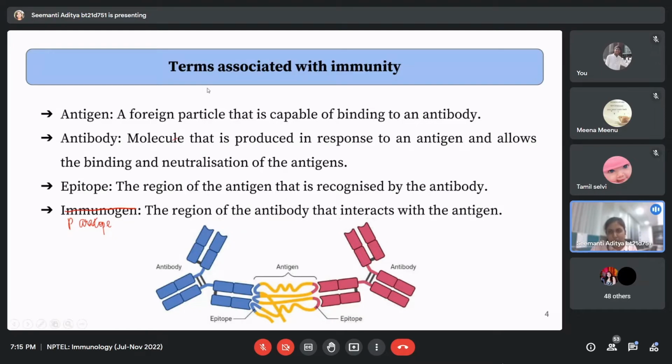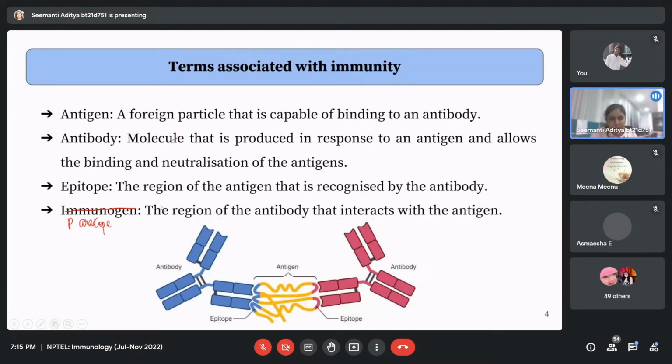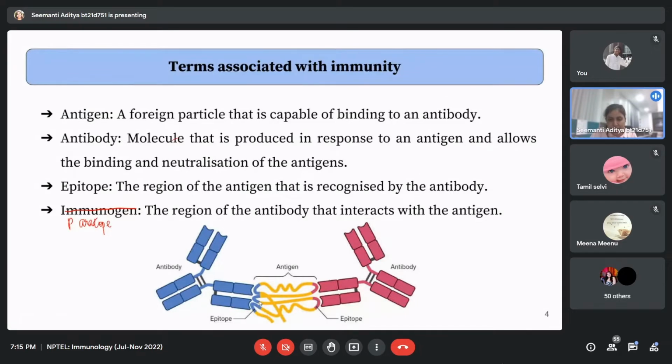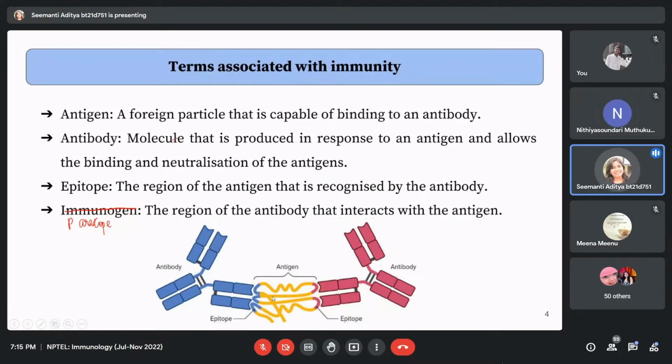The product of an immune response is basically an antibody. So epitope and paratope are regions of the antigen and antibody respectively that interact with each other, and this interaction is essential for better specificity of the antibody towards the antigen.